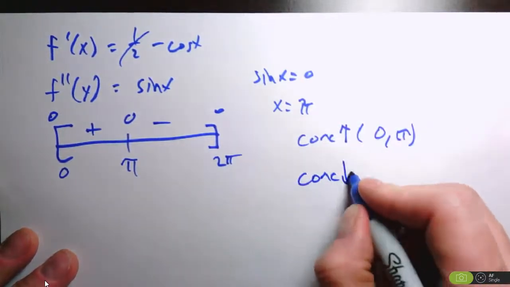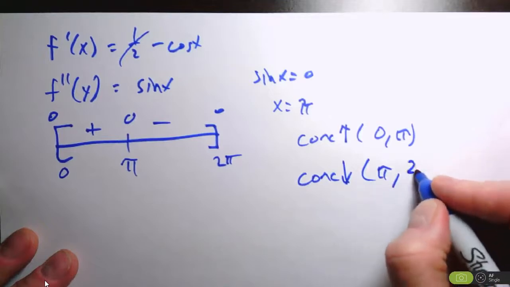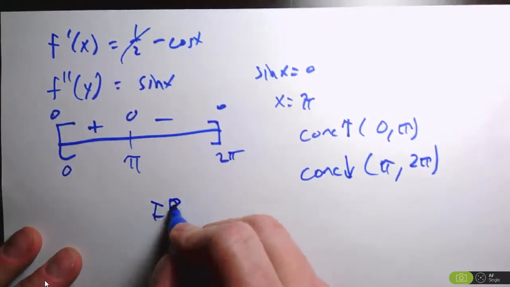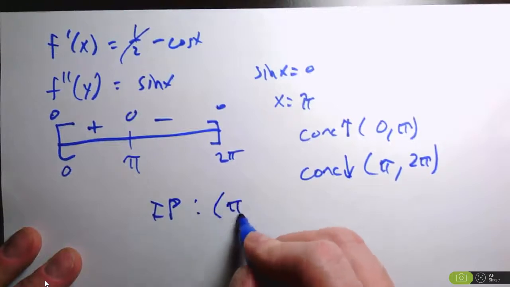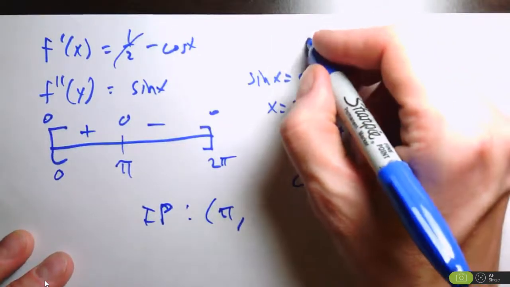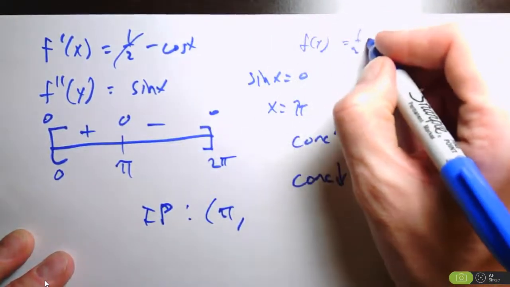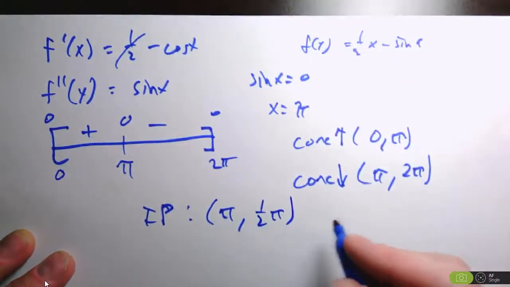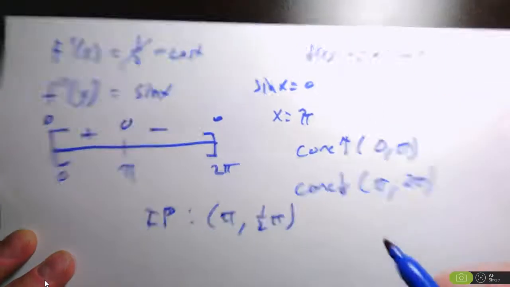You have concave down from pi to 2 pi. And then your inflection point will be at pi, and remember f of x was 1/2 x minus sine x. Well, that'll be 1/2 pi minus 0, so just 1/2 pi.